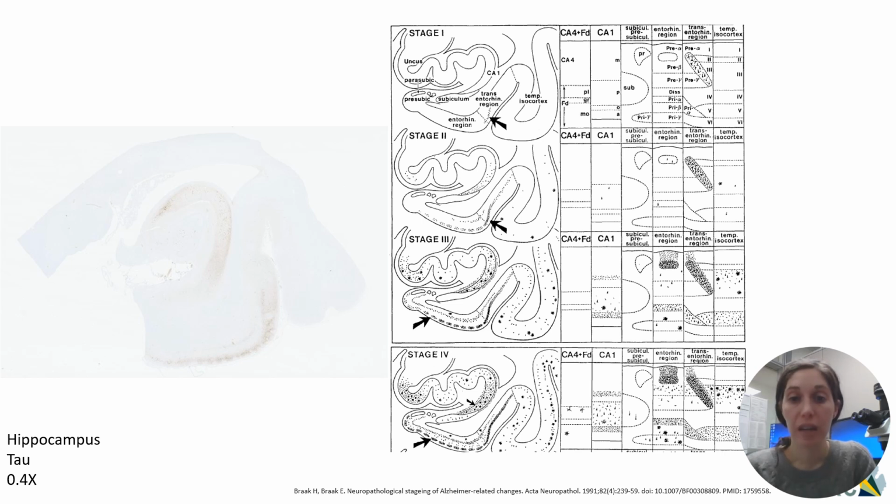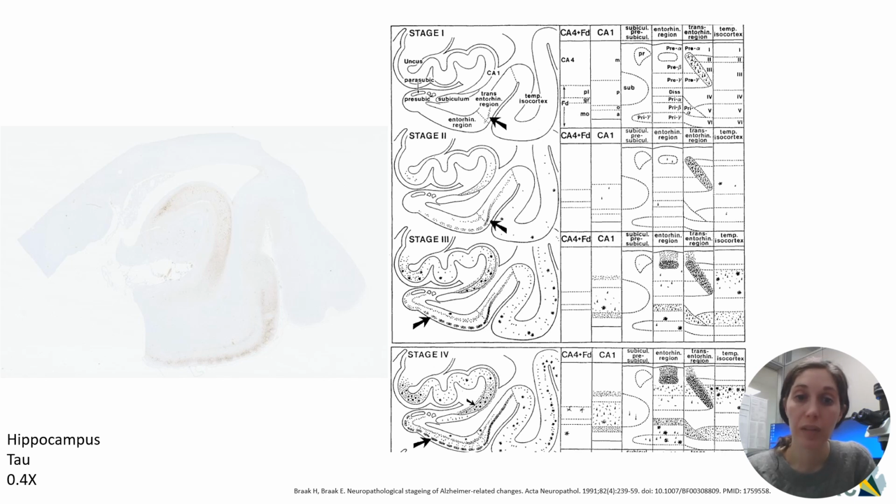So PART is staged very similar to, or exactly the same as, the tau pathology within Alzheimer's disease. We use this staging system called Braak staging. People have described that tau pathology begins in the entorhinal cortex and then progresses in this stereotyped manner throughout the hippocampus and then finally involves the isocortex.